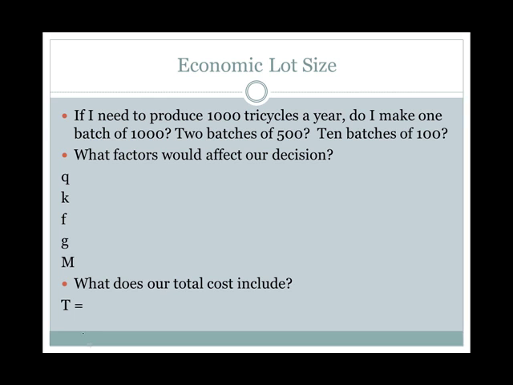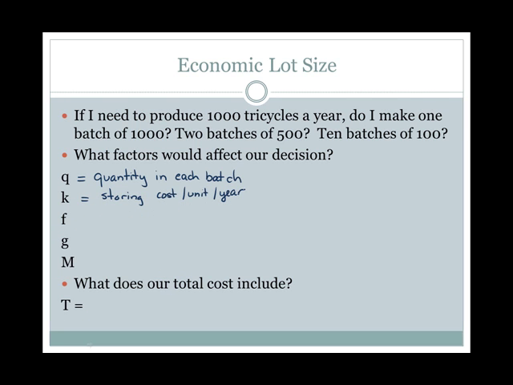Now there are some factors in our decision. Q will call the quantity in each batch. So will I do 1,000, 500, or 100? K is the cost of storing per unit per year.